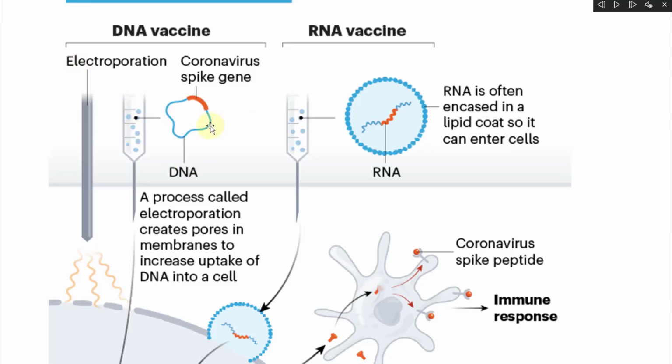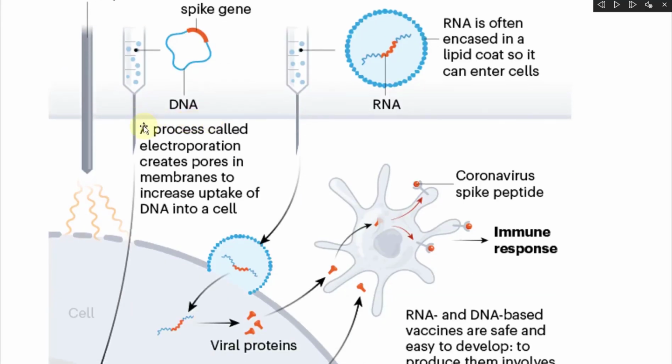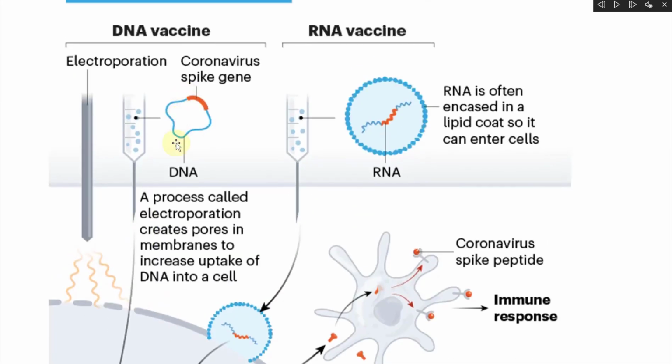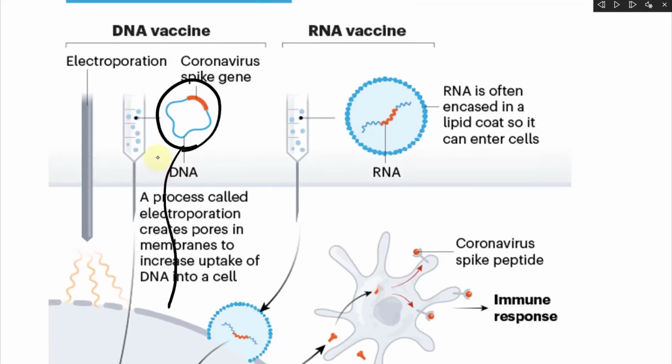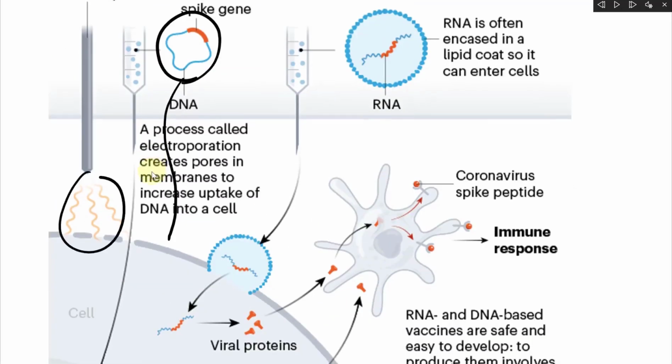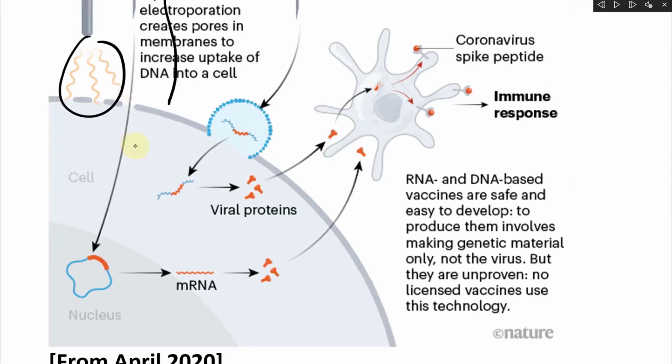You're going to insert it in, usually including a process called electroporation, which creates pores in membranes to increase uptake of DNA into the cell. Because you're basically putting a naked plasmid inside the body, you want to weaken the cells around it using an electric field to break it apart, so that this can go all the way inside.